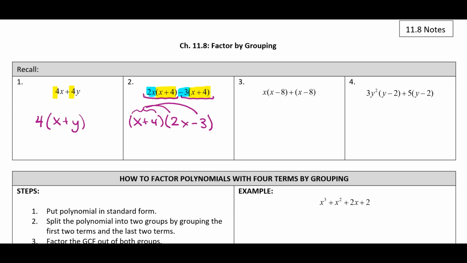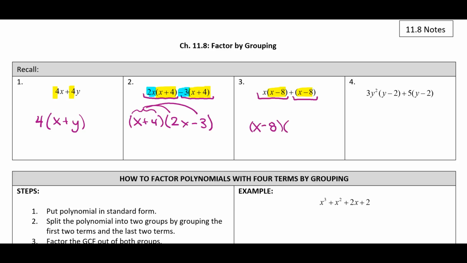So looking at number 3, we have these two pieces, 1, 2, and they're broken up by a plus sign here. So our common factors are x minus 8 and x minus 8. So that means we're going to bring down our x minus 8, that is our greatest common factor. And then what's left over?